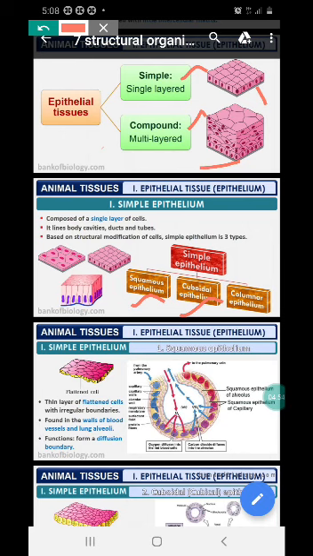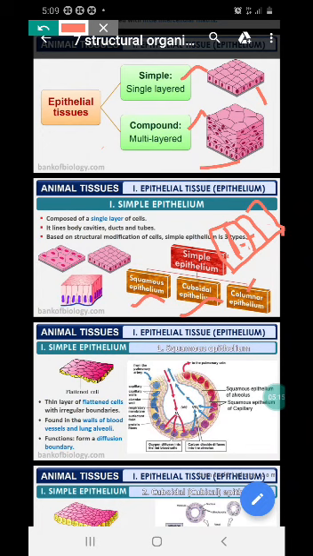And columnar cells are very long, tall cells, and the nucleus is present at the base of the cell. Such long, tall, column-like cells are called columnar epithelium.